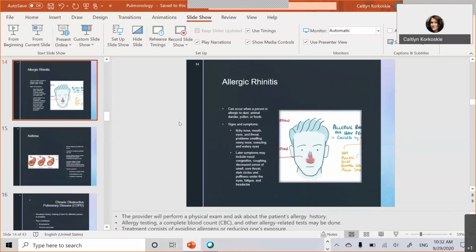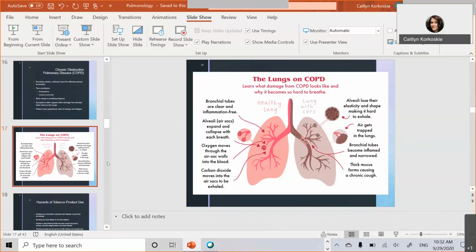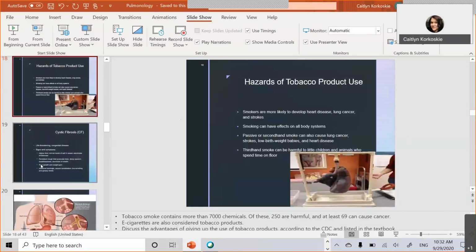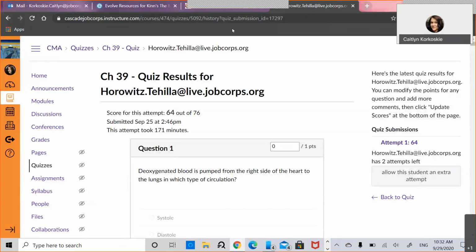Is cystic fibrosis curable? I believe so. Let's see what the treatments for cystic fibrosis are.